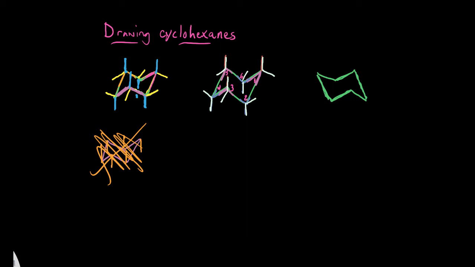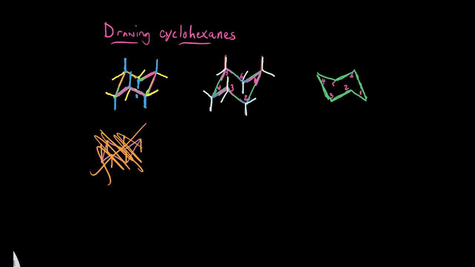Now, what that means is that this one at carbon 1 became this one here going down, and then just go around the ring again. 2, 3, 4, 5, and 6.